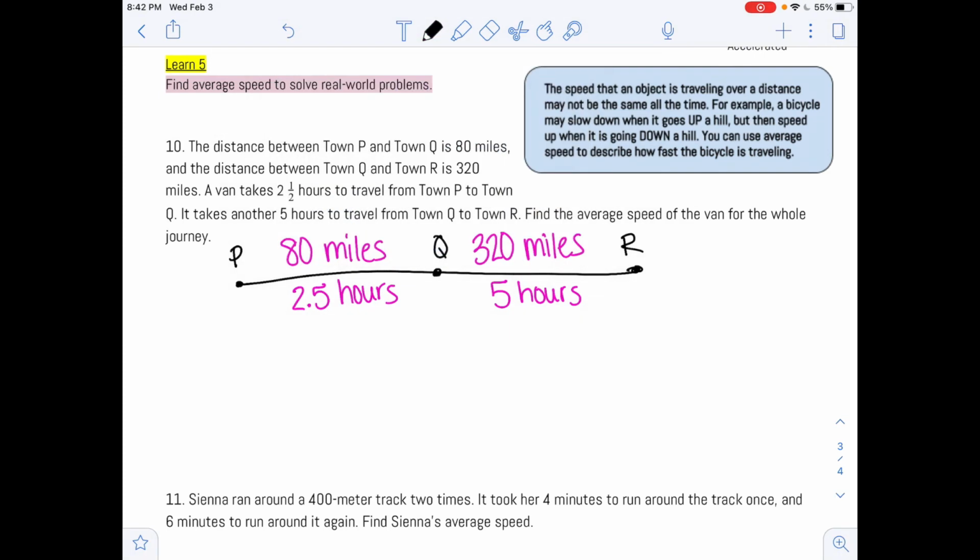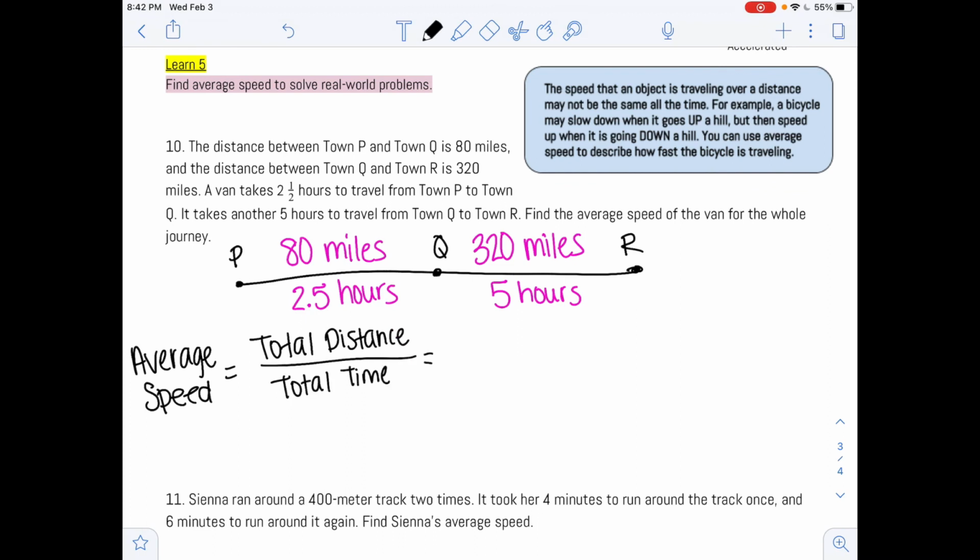And what we use, our formula for finding our average speed, is to take our total distance divided by our total time. So given this visual here, we can see our total distance would be 80 plus 320, which is 400 miles, divided by our total time of 2.5 hours plus 5 hours, so 7.5 hours.